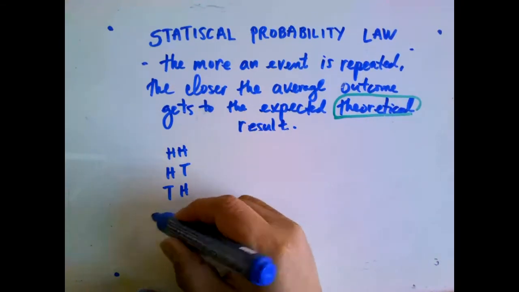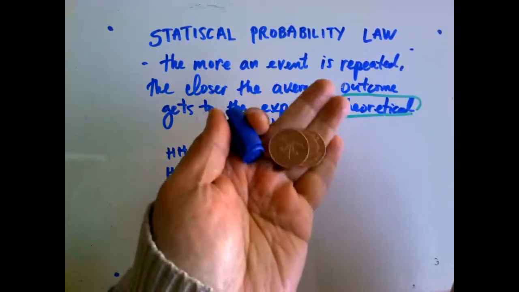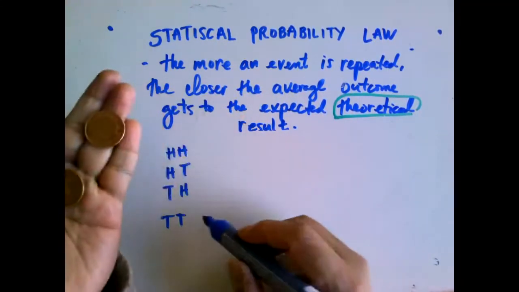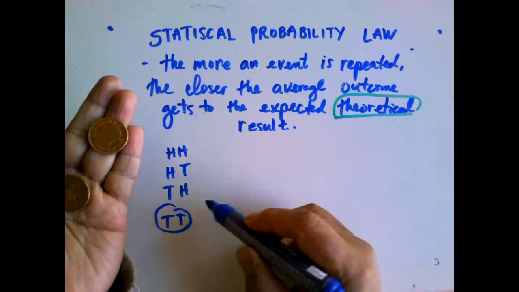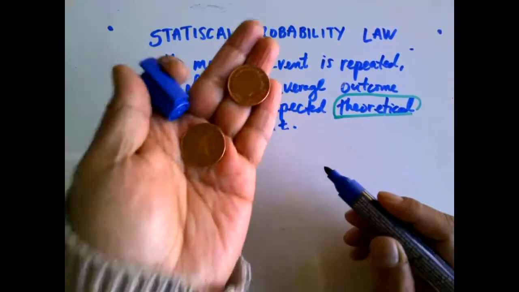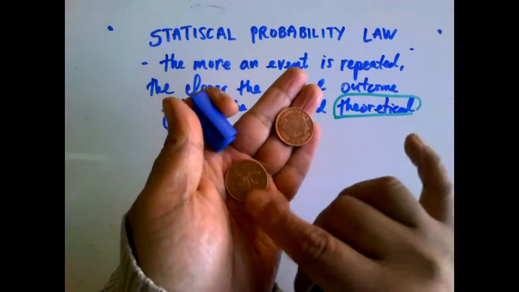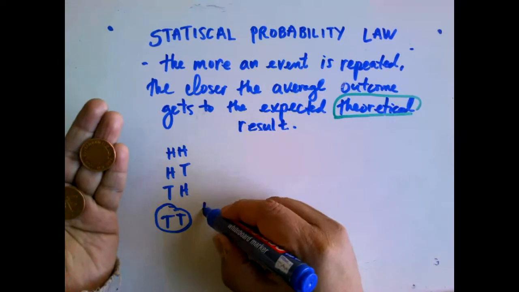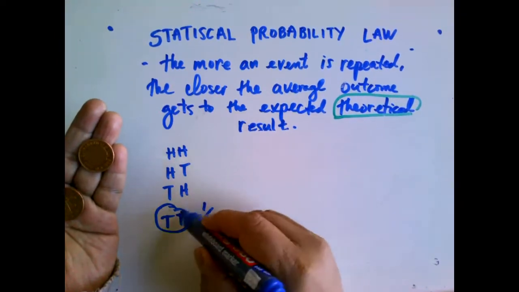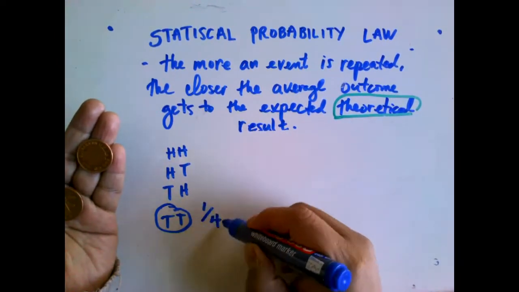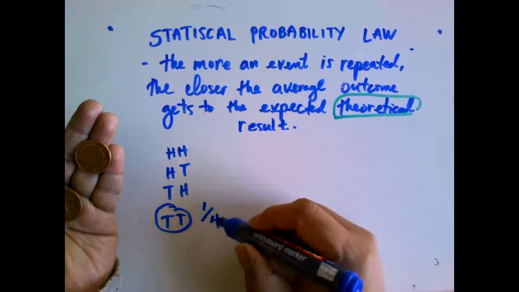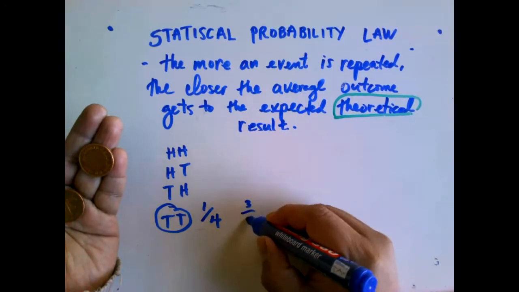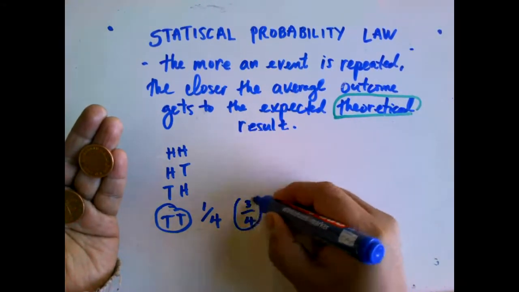So if I say it's going to be tails, and it comes out as heads and tails, that means I lose. Betting on all tails only has one part of a chance of winning, 25%, and you have three parts of losing.